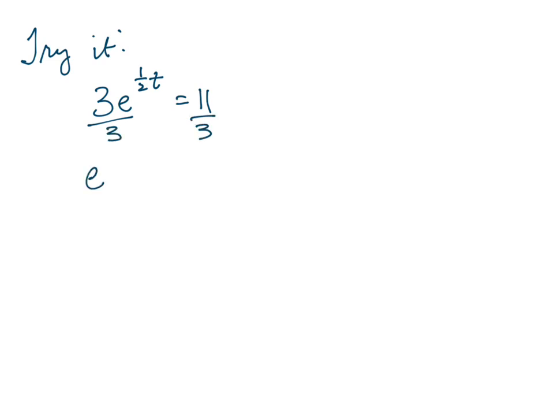Skim it down to e to the power first. How do I get to the power? I want to bring the power down. So if I natural log both sides, what's the natural log of e? 1. So really, all that's going to be left on the left is half t. So I have half t equals 11/3.